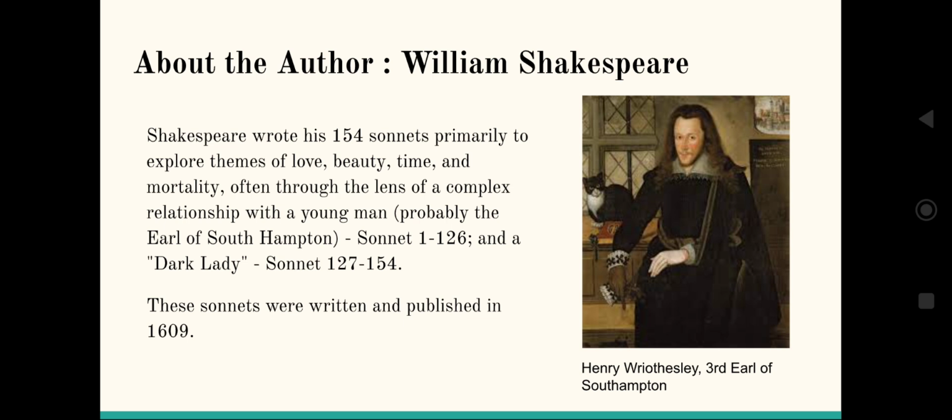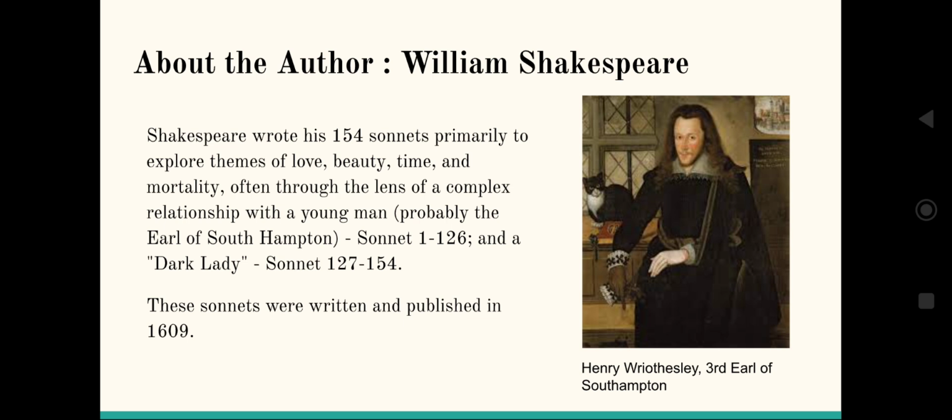So he wrote 154 sonnets primarily to explore the themes of love, beauty, time, and mortality, often through the lens of a complex relationship with a lad, that is a young man, probably the Earl of Southampton.